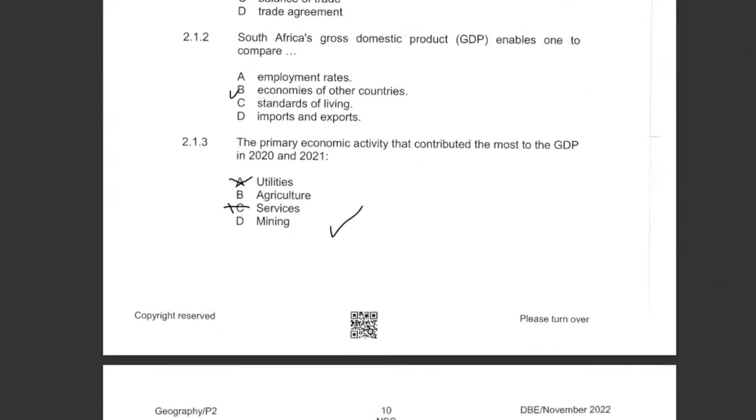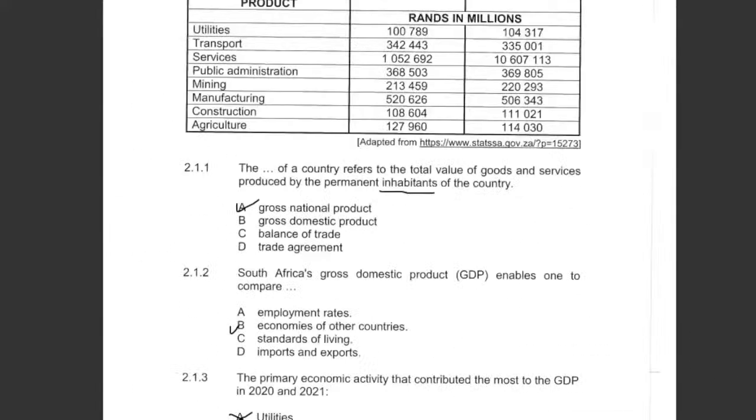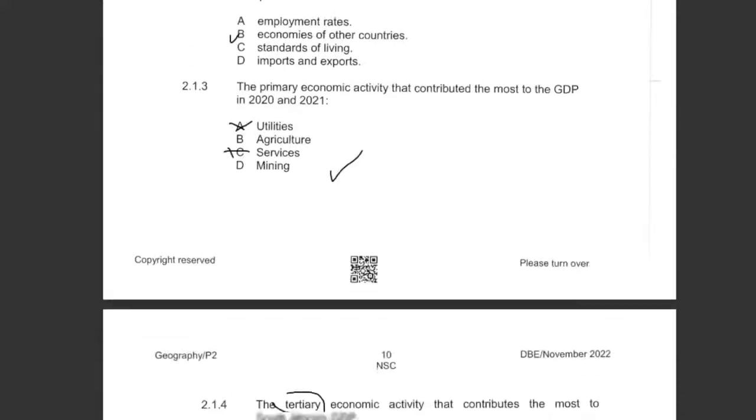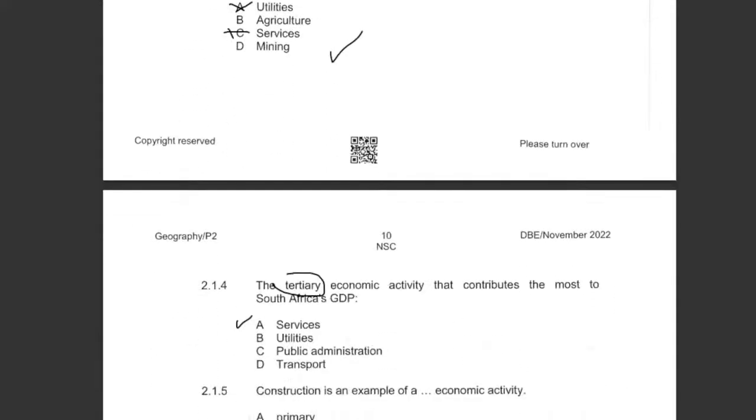All right. The tertiary economic activity that contributes most to South Africa's GDP. We are looking at tertiary now. That means you're looking at service. There is a service here. Utility is also a service. Public administration is a service. Transport is a service. But which one contributes most to South Africa's GDP?